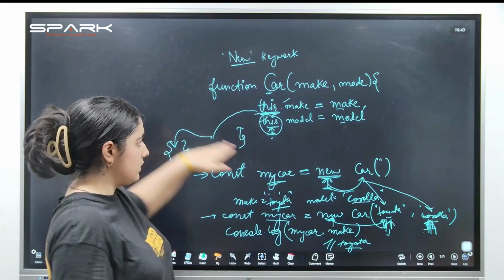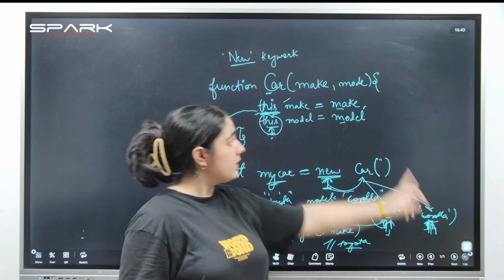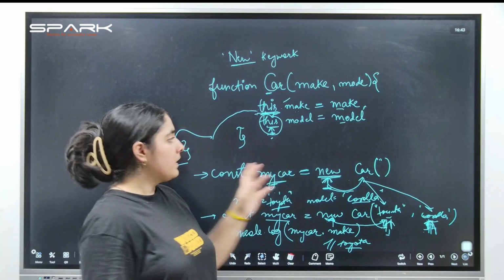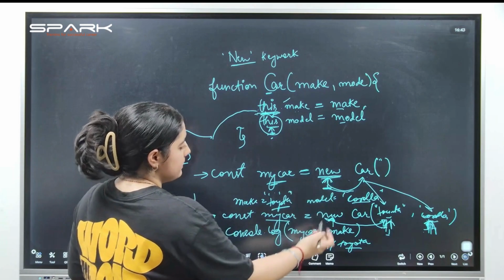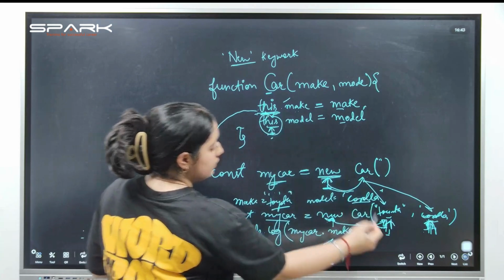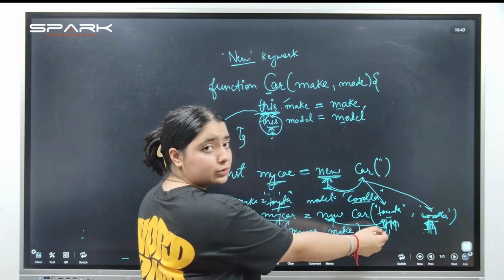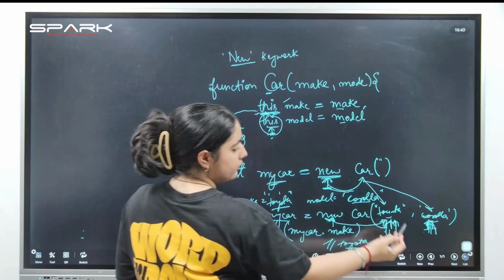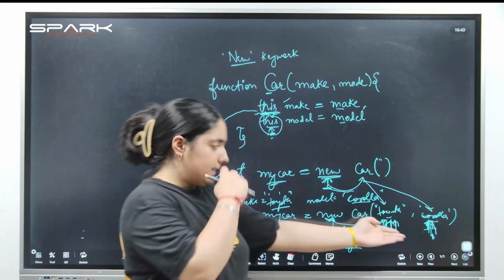So this is our constructor. This value will point to this value, and this value will point to our model value. Once this is done, a new object is created.